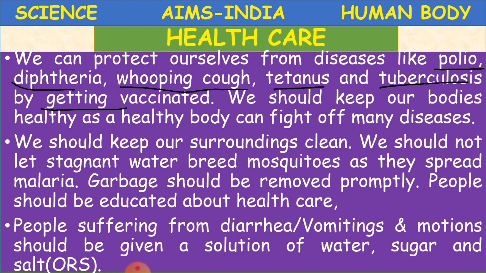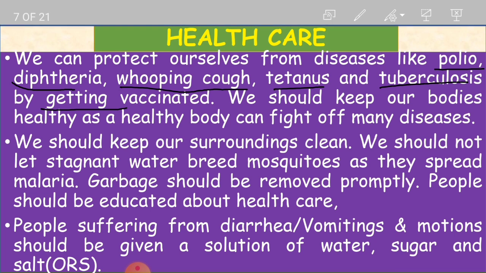So when we are vomiting or when we go for motions continuously, the water in our body is going to be lost. Okay, to get rid of that, we have to take a solution which is mixed with sugar and salt in water. Clear, children? This is ORS.